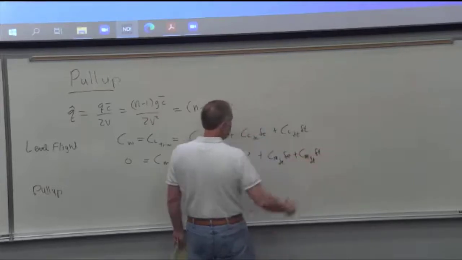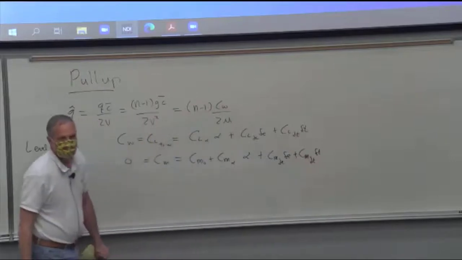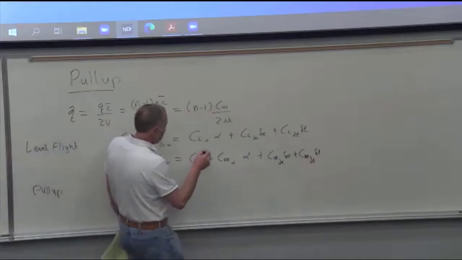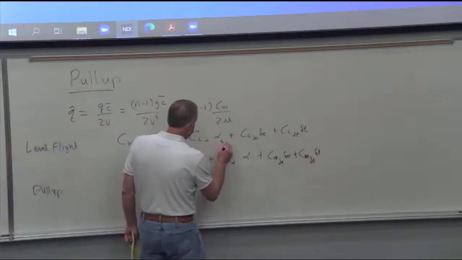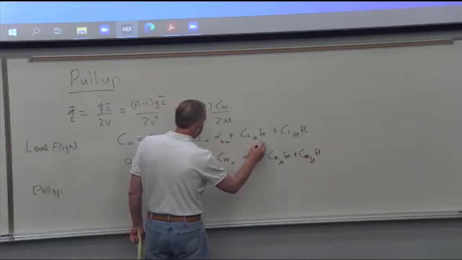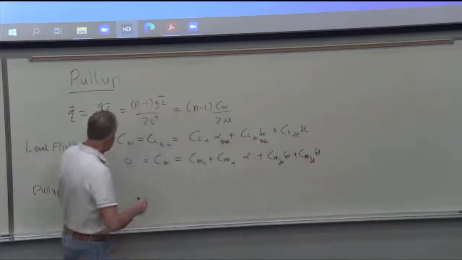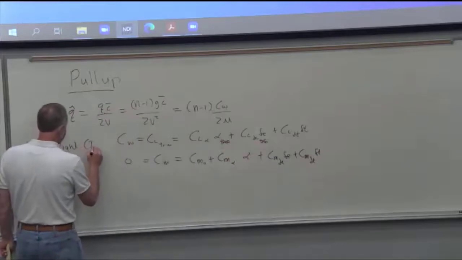And then, of course, we have a third equation for the hinge moment, but we don't need that right now. So this is for level flight, and remember, we're dropping writing the trim on all of these just because we're going to know that this is the trim condition. So we're not writing trim, but it is the trim condition.